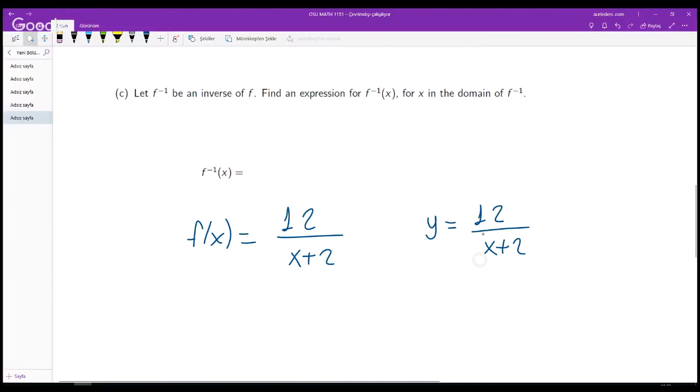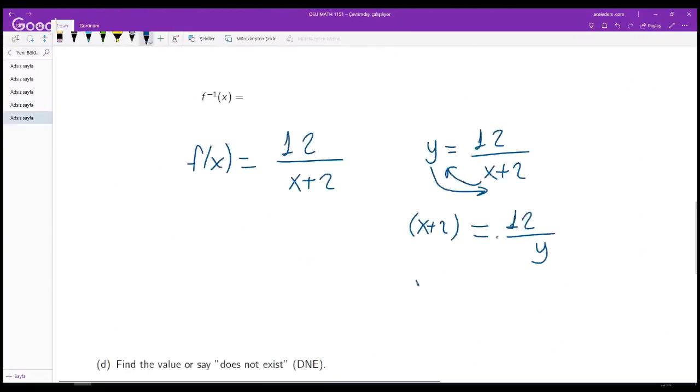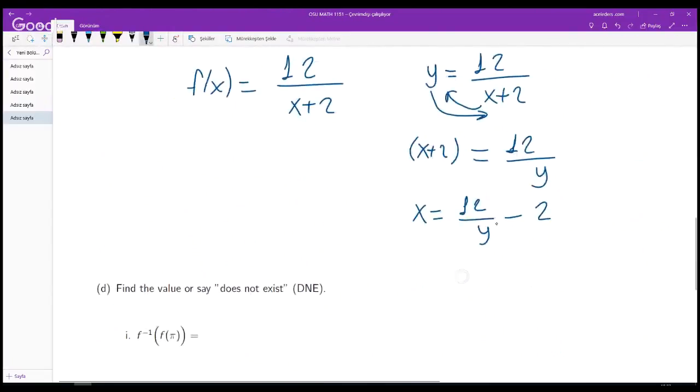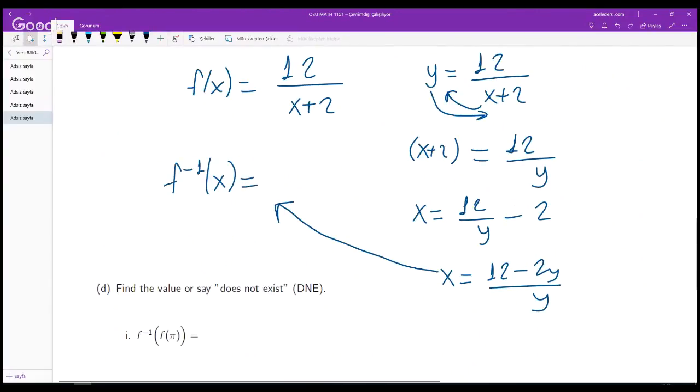To do that, I just switch these things: x plus 2 equals 12 over y, and x is equal to 12 over y minus 2, and finally x is 12 minus 2y over y, which leads to the answer: f inverse x equals 12 minus 2x over x.